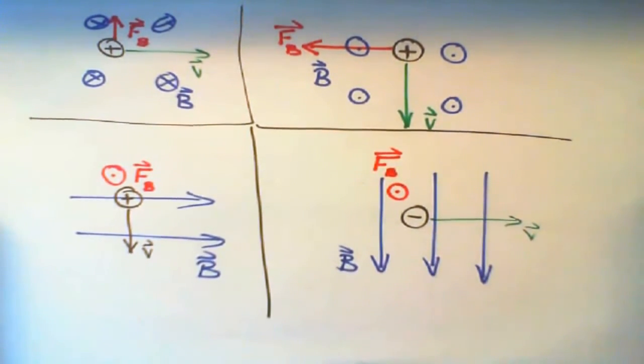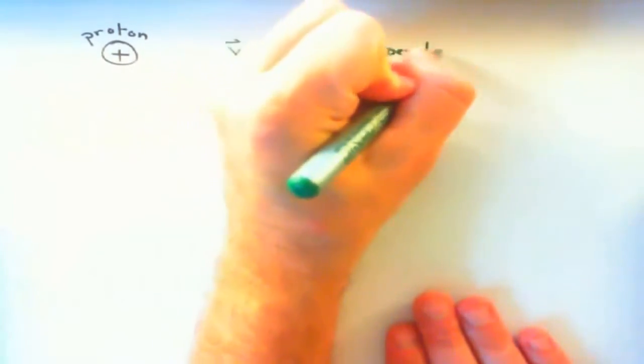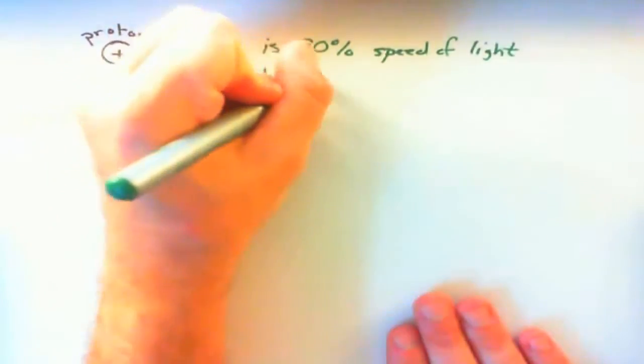Alright, let's try a numerical example. So let's say we have a proton, and that proton is moving at 90% the speed of light. As it moves, its velocity makes an angle of 60 degrees with respect to the magnetic field. Now, the magnetic field, we're told, has a magnitude of 0.25 Tesla.